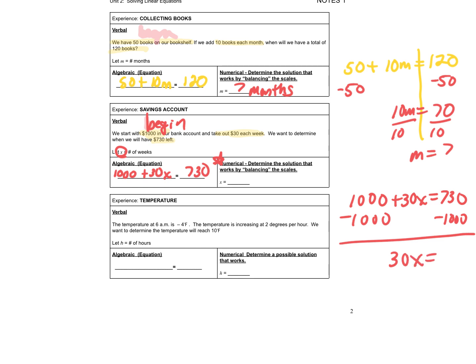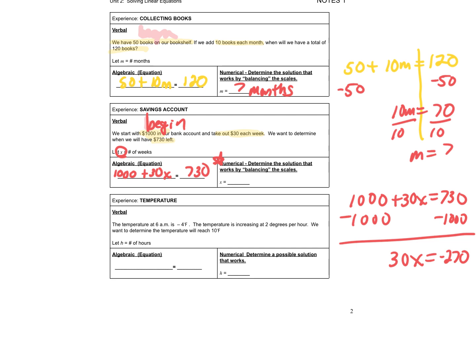Alrighty, let's see. You can do this on a calculator. You can do this out by hand. 730 minus 1,000. Negative 270. Oh, sorry, I did make an error there. This is you are taking out, so this should be minus.